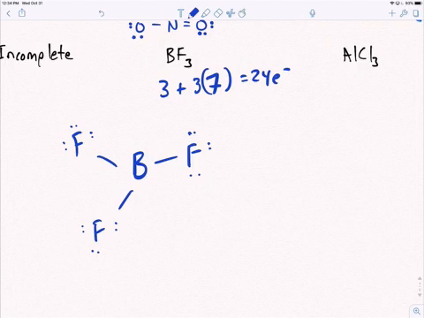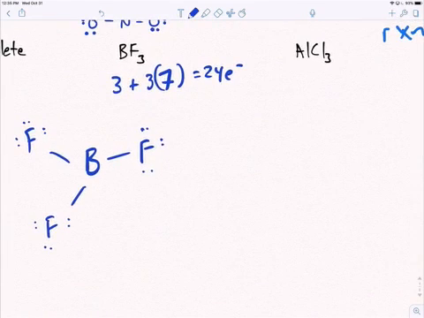It turns out that boron does not double bond with fluorine in this case. It just leaves it like this, with an incomplete octet. Boron here just is happy with 6. I shouldn't say it's happy. This is actually a very reactive molecule, but it stays incomplete. So boron and aluminum can both form incomplete octets.